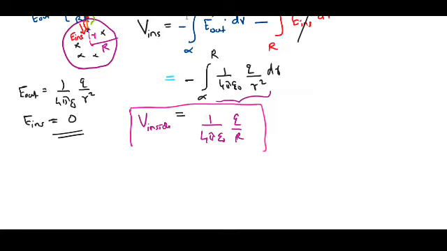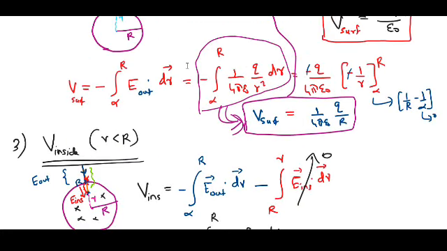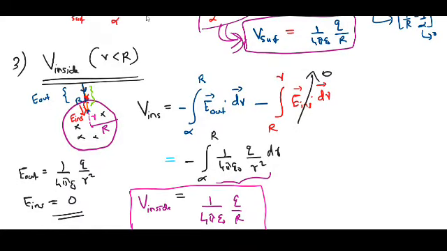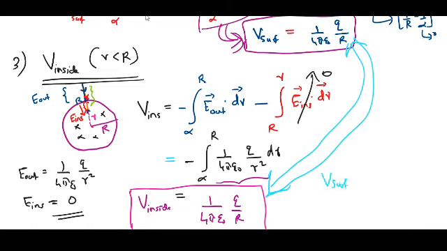This is the final expression for the electric potential inside a uniformly charged spherical shell. If you compare V inside and V surface, both are the same, both are q by R. That means the electric potential at the surface of the spherical shell is equal to the electric potential inside the spherical shell. Electric potential is constant inside the spherical shell.